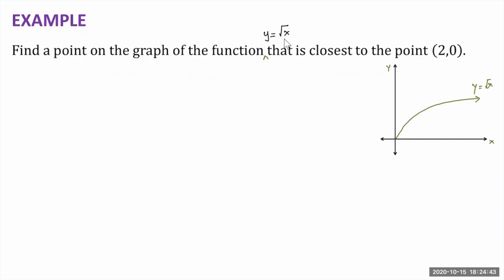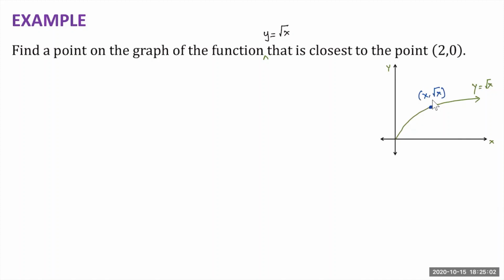The general point on the graph of this function is x comma square root of x, because y is always the square root of x and the general point is x comma y. We have to find what point on this graph.